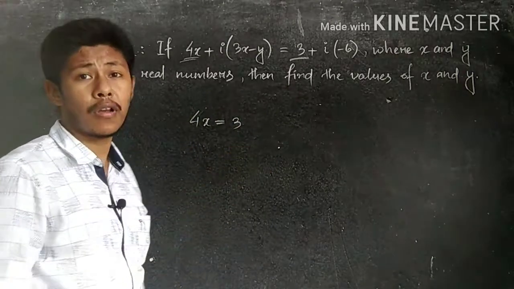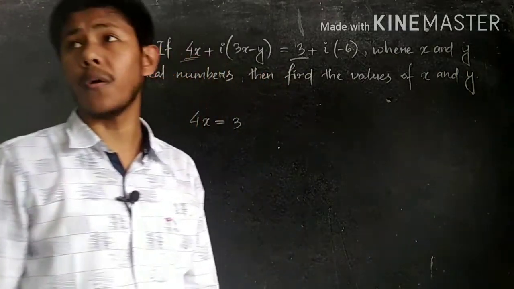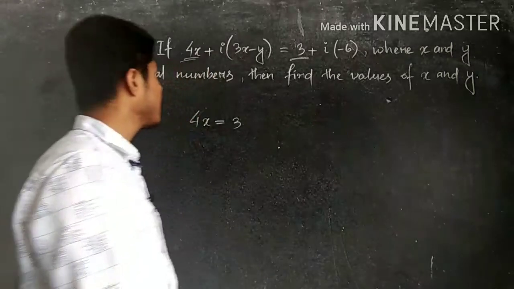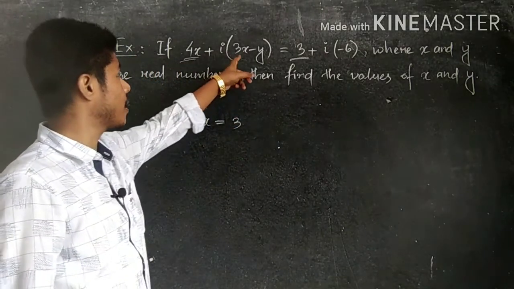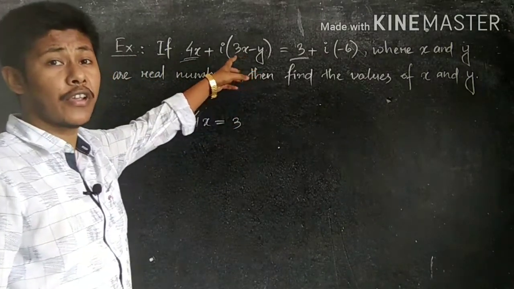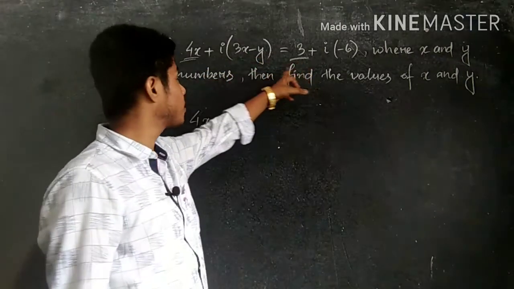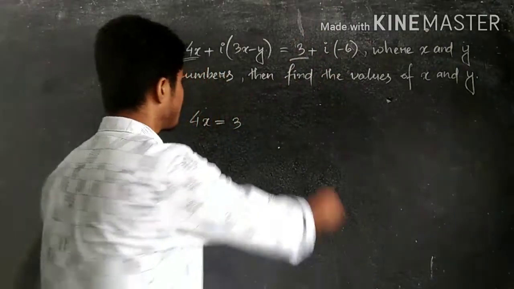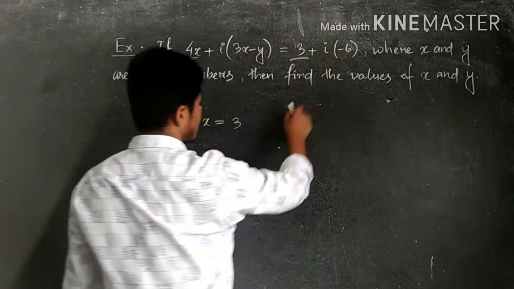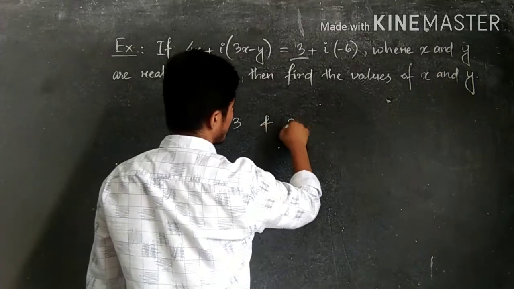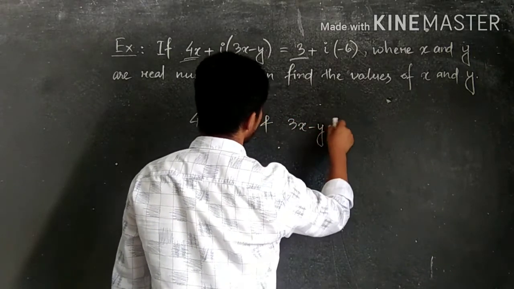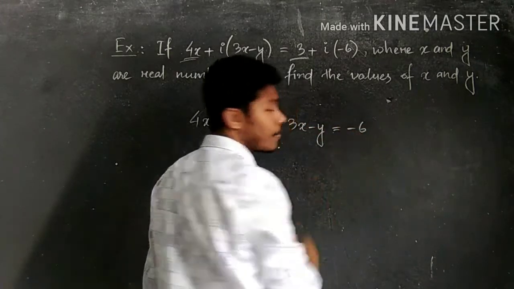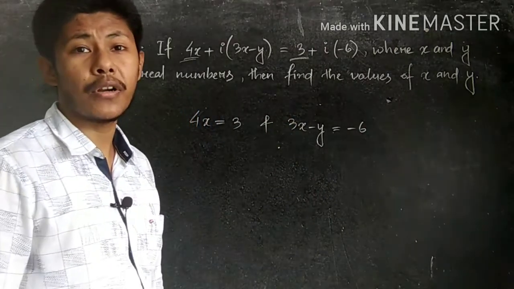For the imaginary part, 3x minus y is equal to minus 6, because the imaginary part is equal to the imaginary part.